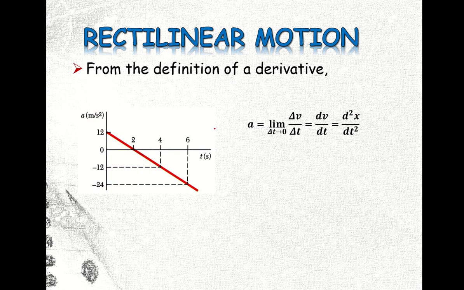In other words, the instantaneous acceleration is the limit of the change of the velocity with respect to time as delta t approaches 0, equal to the derivative of v with respect to t, or the second derivative of x with respect to t. The 2 here indicates that you differentiate the function x twice with respect to time.